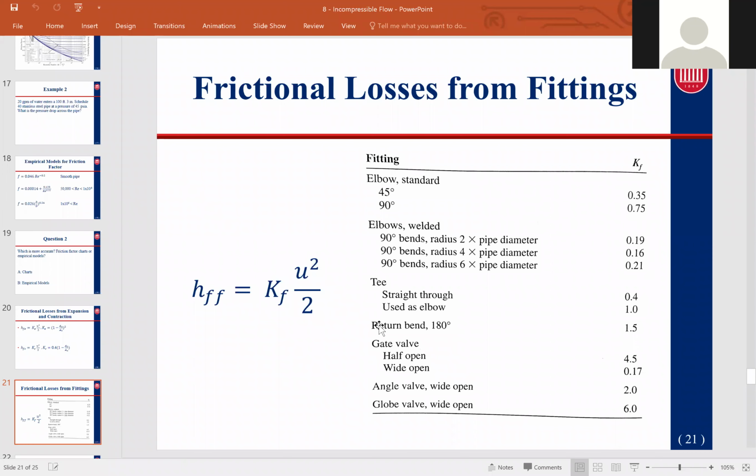I'm assuming that there isn't a table in our textbook. There is a table in your textbook. This is actually taken from your textbook. This is table 5.1 on page 124.